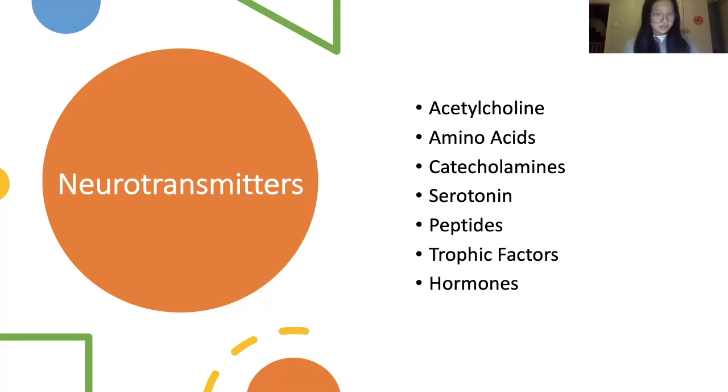And lastly, hormones. Unlike the others, neurotransmitters are usually used in the nervous system, but hormones are used for the endocrine system. They communicate similarly to neurotransmitters: they trigger the release and send signals to each other, but they are just responsible for the endocrine system.